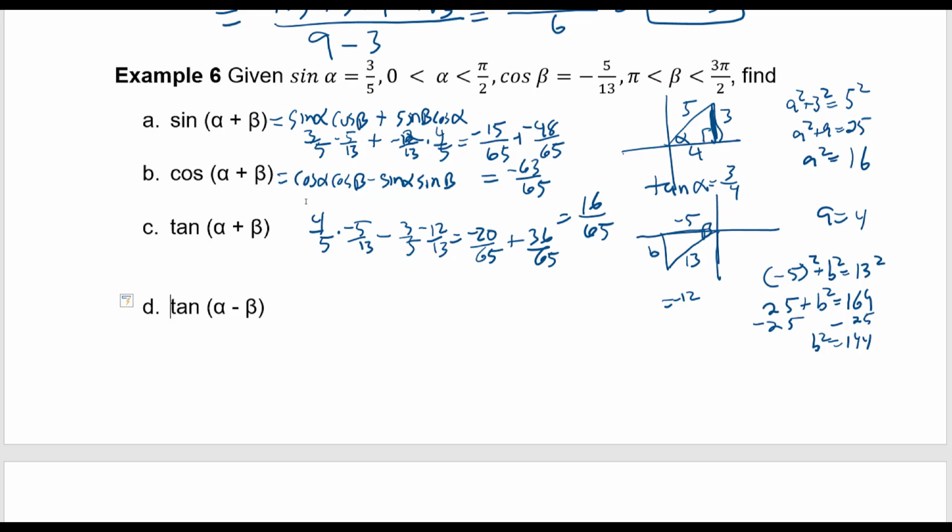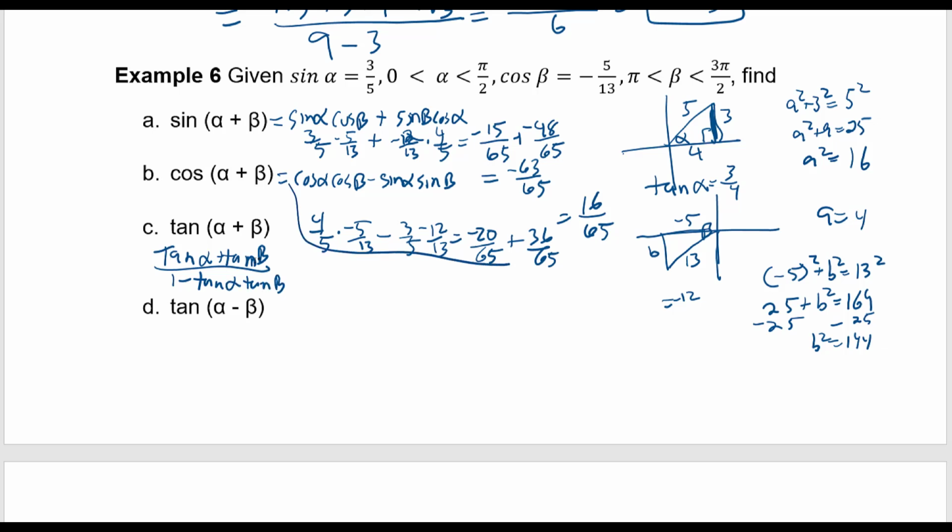There we go. Okay, so in this we're looking at tangent of alpha plus tangent beta over 1 minus tangent alpha, tangent beta.